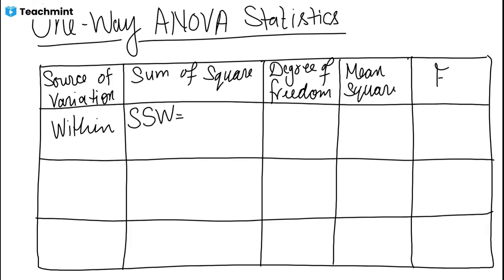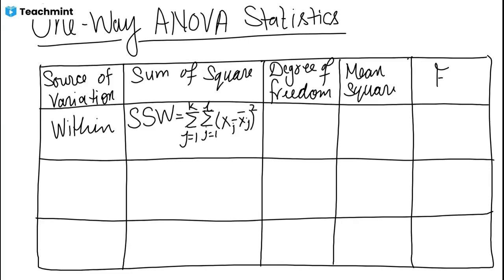And the formula for this is double summation, j is equal to 1 up to k, and j is equal to 1 up to l, x minus x bar j square.